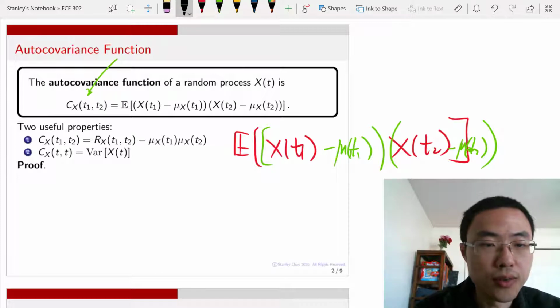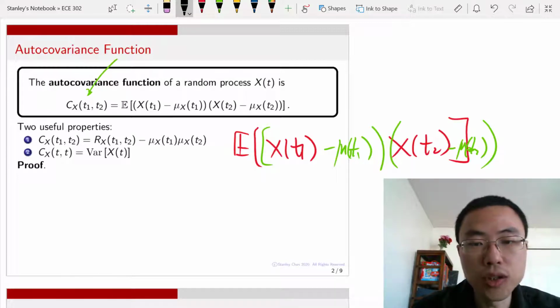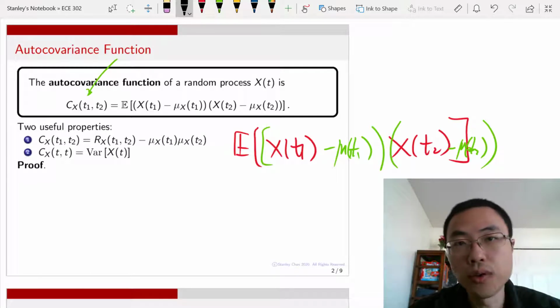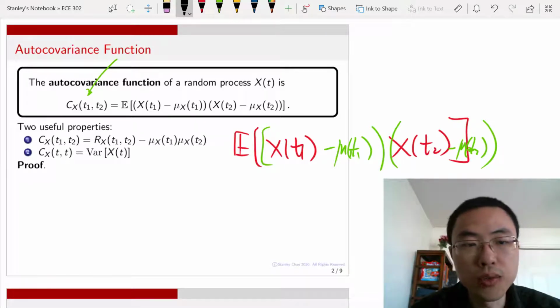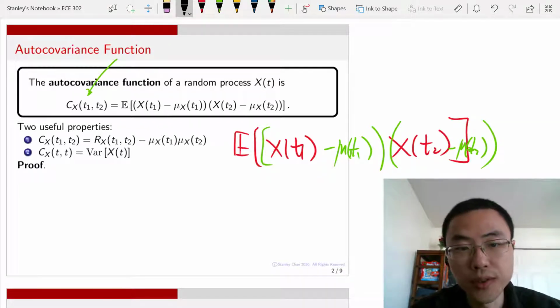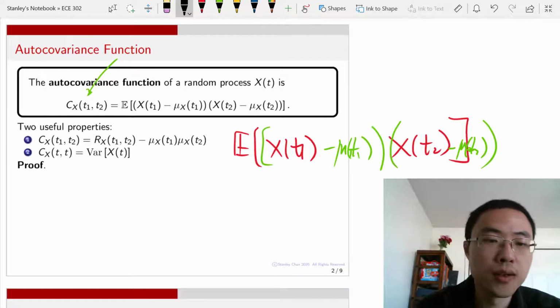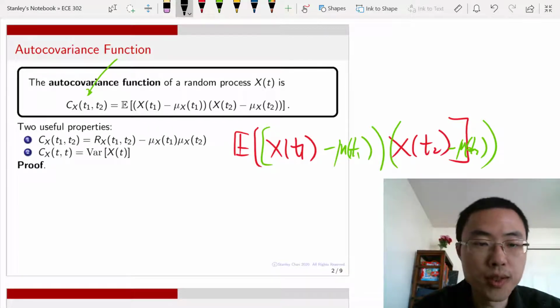The autocovariance function, as a generalization of the autocorrelation function, is also a two-dimensional function in t1 and t2. And so any property that you have for the autocorrelation function can be inherited by the autocovariance function. So let us try to prove two very useful properties of this autocovariance function.